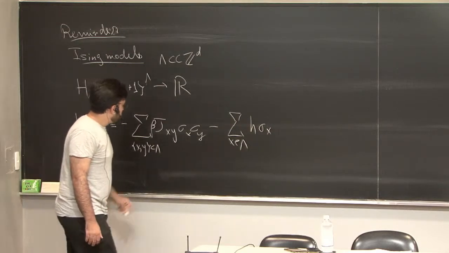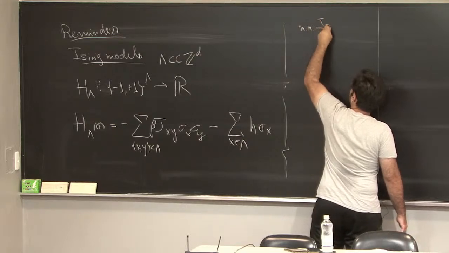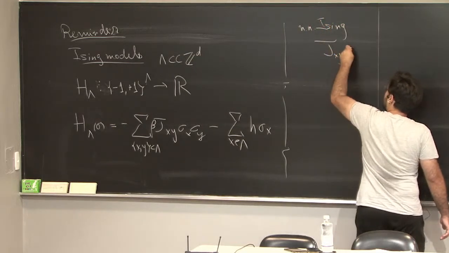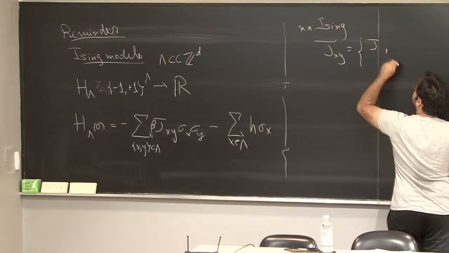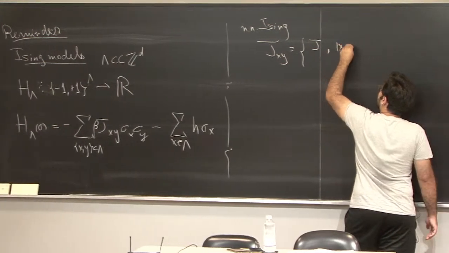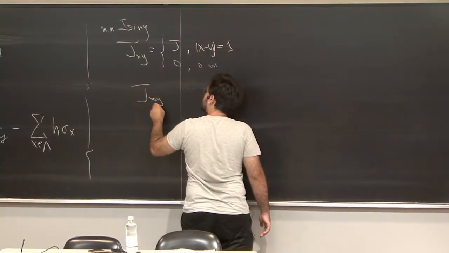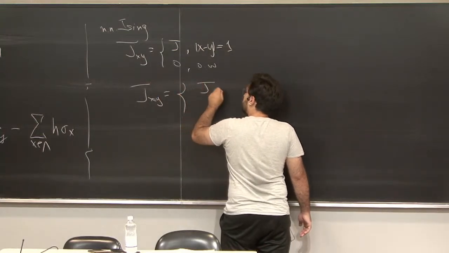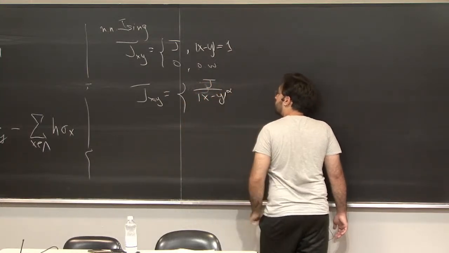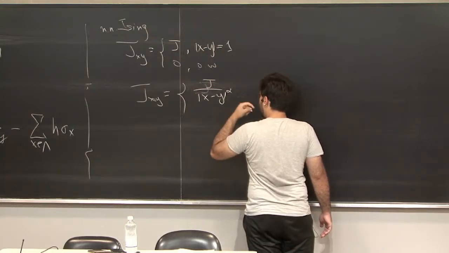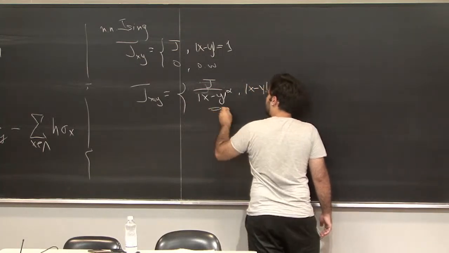And also, the examples that we will have in mind are the nearest neighbor Ising model, where J_xy is J if the distance between x and y is equal to 1 and 0 otherwise, or J_xy is equal to J times the distance to some power minus alpha, if the distance is not 0, and 0 otherwise.